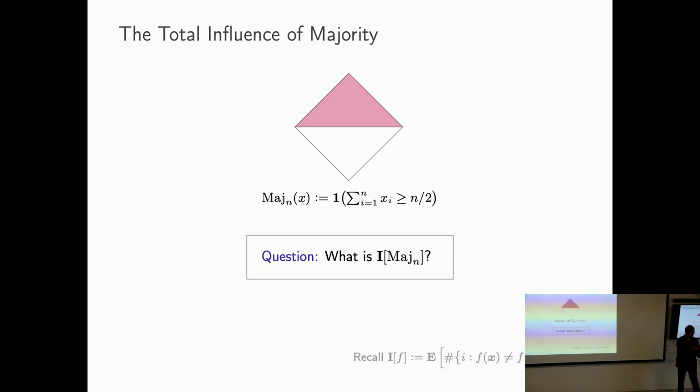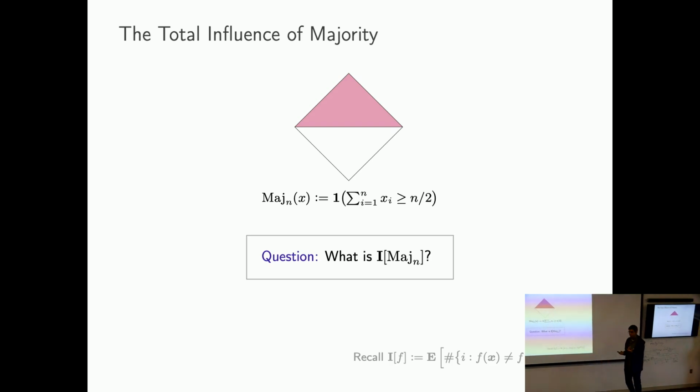It's 1 over square root of n times, yeah, but you're right. So I'm going to put words in your mouth and tell you what he's thinking. He's saying that the probability of landing in this middle region is the middle binomial coefficient, which by Stirling's approximation is just 1 over root n times 2 to the n. Okay, so the influence of majority is root n. It's just the probability of landing on this line on the boundary.